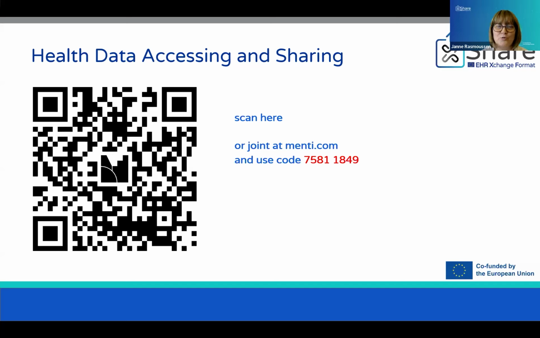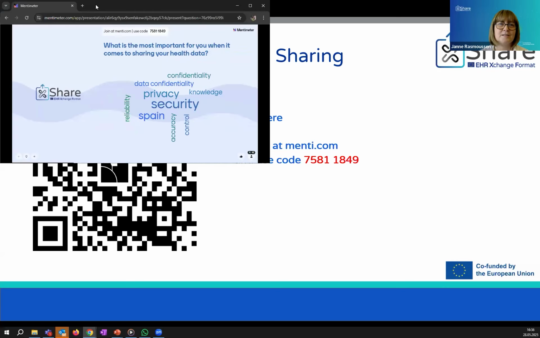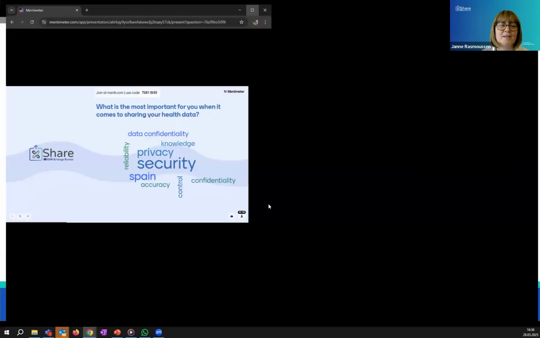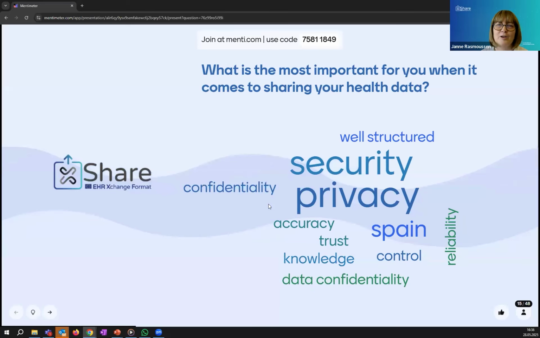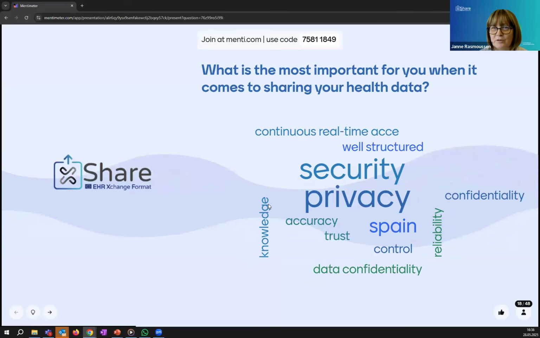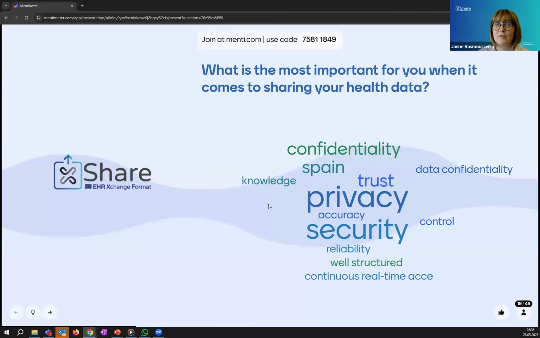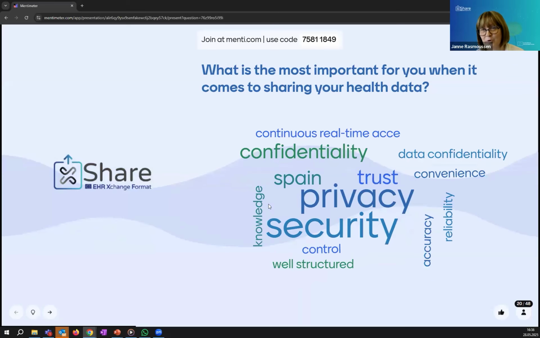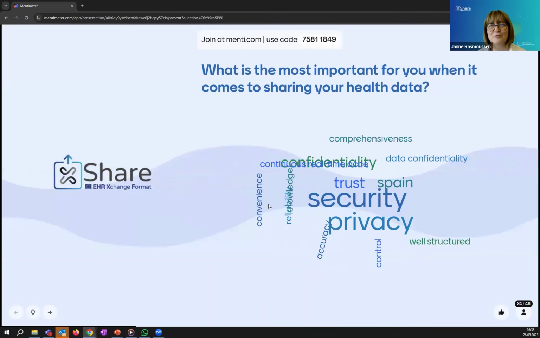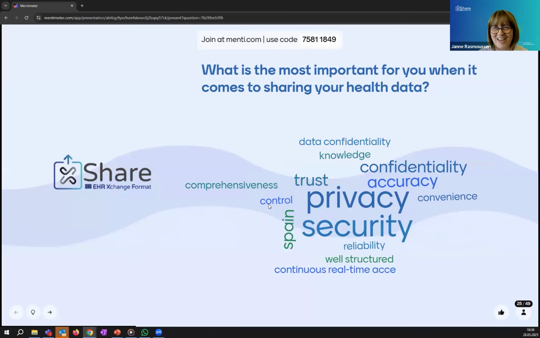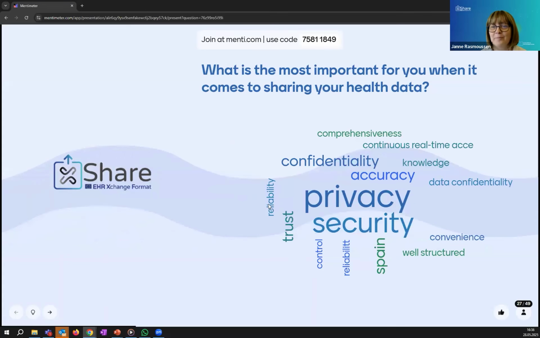But let's go to the second Mentimeter, where we're asking you all again to do a little bit of work for us and answer some questions. So we're looking at what is important to you when it comes to sharing your health data. I'm not surprised seeing privacy, security, trust, confidentiality highlighted here.